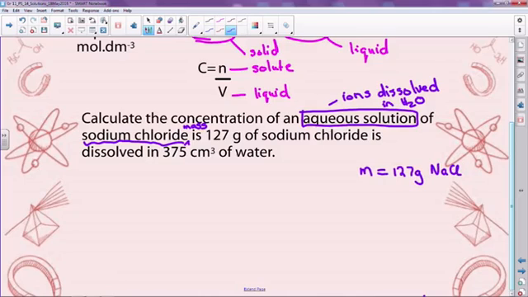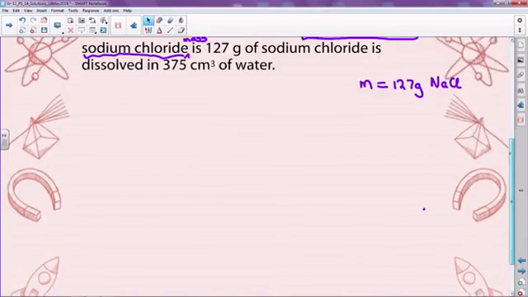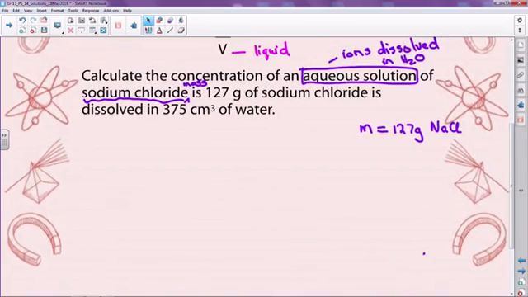Right. What am I going to use for this calculation? I've given myself some space. I am going to use C equals n divided by V. Now if we have a look at this little equation, there's two parts to it. Number one, we need number of moles. Number two, we need volume.